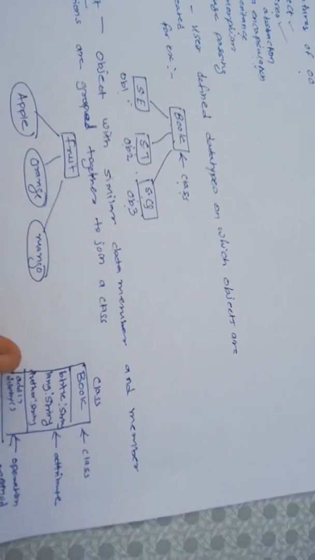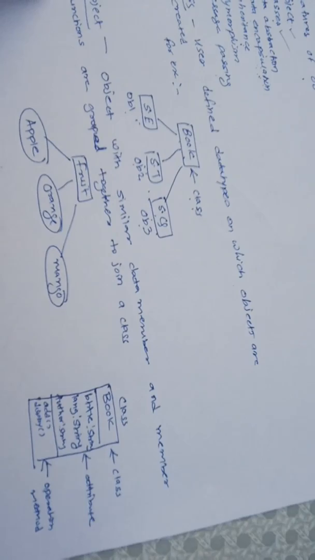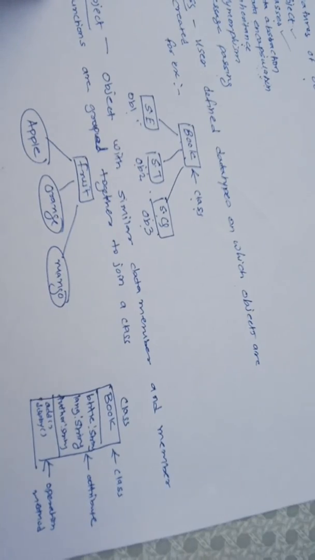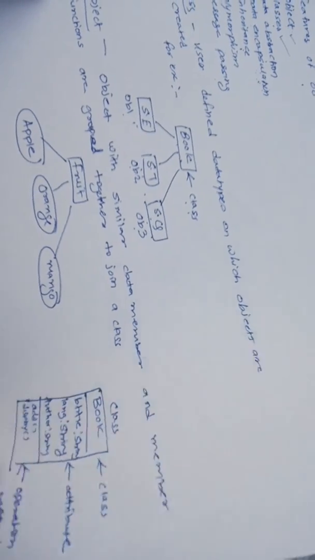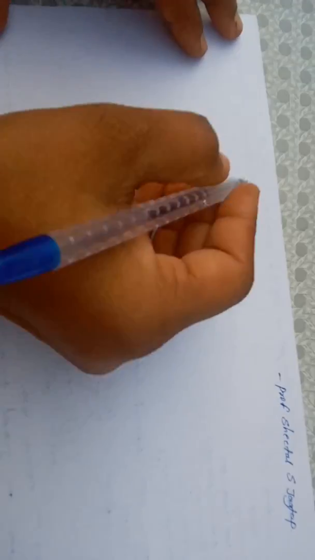Objects are runtime entities that may represent a person, place, account, or any other thing. Each object contains data and code to manipulate the data.